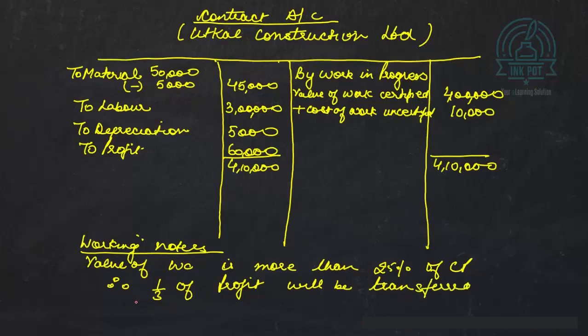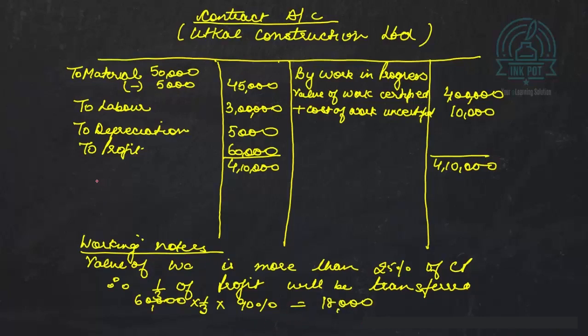So I'm going to calculate here 60,000 into 1/3 into percentage of cash received is 90%. So this amount will be transferred to P&L account. 60,000 divided by 3 into 90%. So 18,000. 18,000 will be transferred to P&L account.